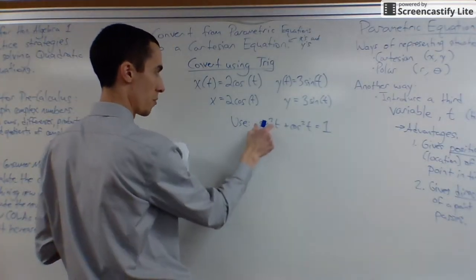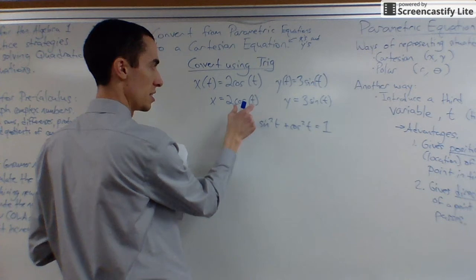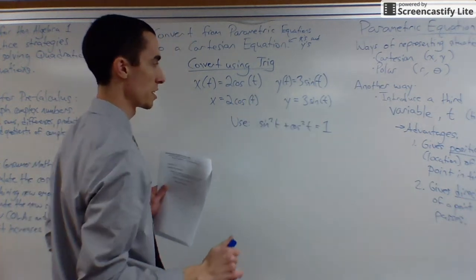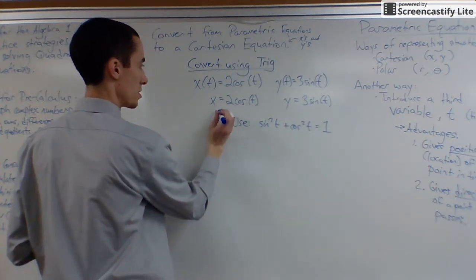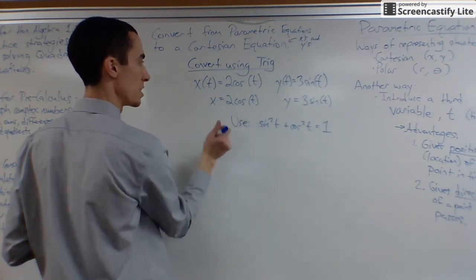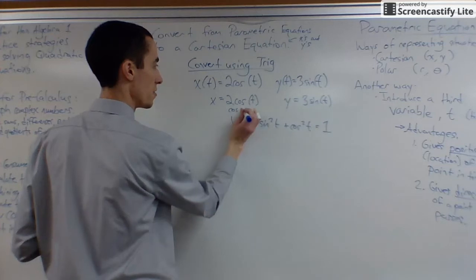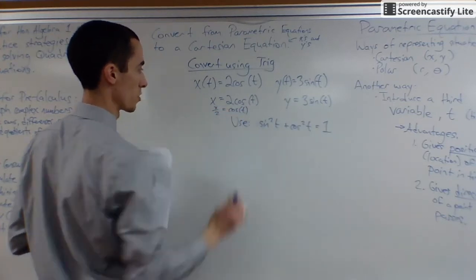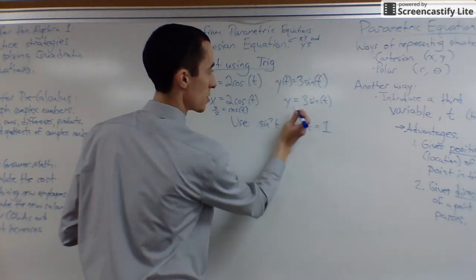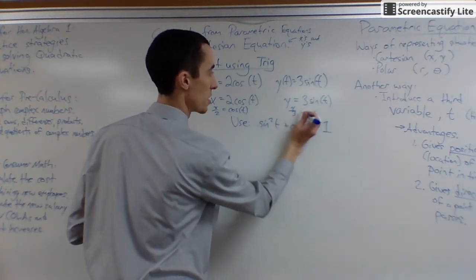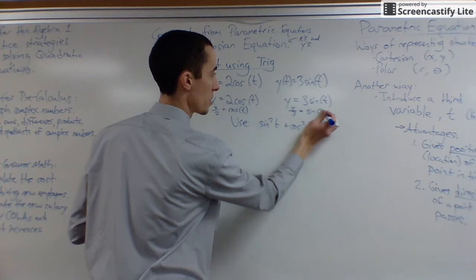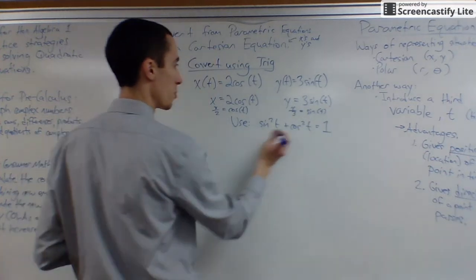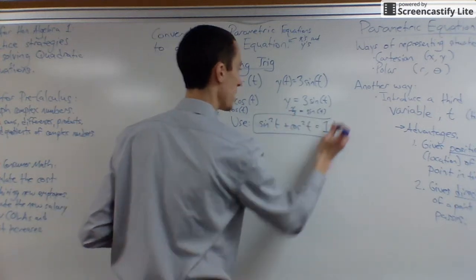So what I want to do is get this equation written in terms of cosine and this equation written in terms of sine. If I were to divide both sides by 2, I would have cosine of t equals x over 2. Similar over here, divide both sides by 3, and we would get that y over 3 equals the sine of t. So now we can use our Pythagorean identity.